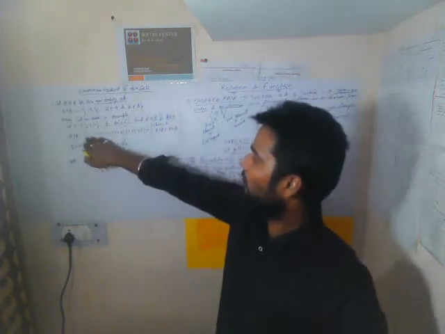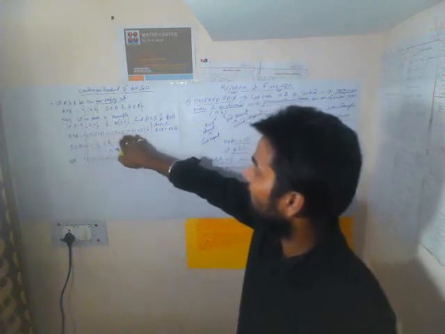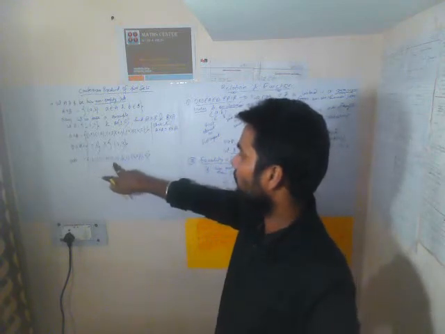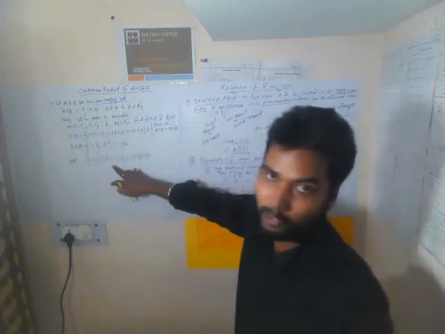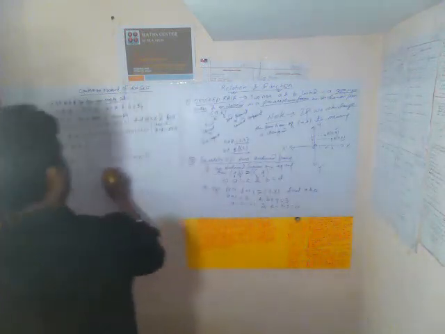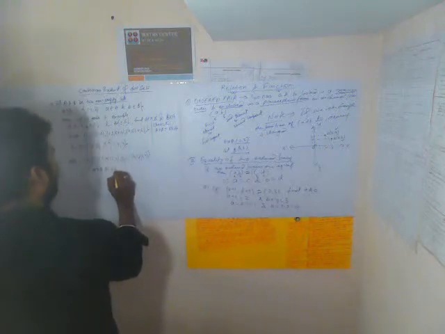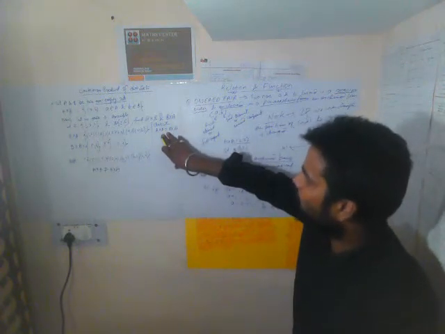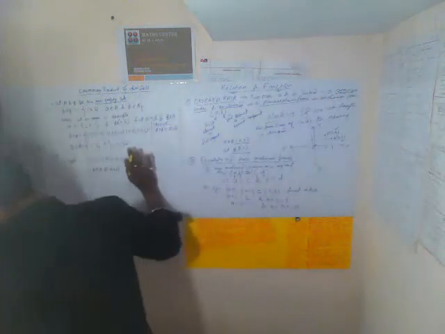Now the set formed in A cross B is (1,5), (1,6), (2,5), (2,6), (4,5), (4,6), and in B cross A the value formed is (5,1), (5,2), (5,4), (6,1), (6,2), (6,4), which is completely different from the ordered pairs of A cross B. So after watching the results, we can say that A cross B is not equal to B cross A. That means the Cartesian product of two sets does not follow the commutative law.